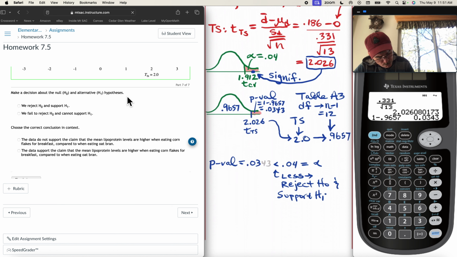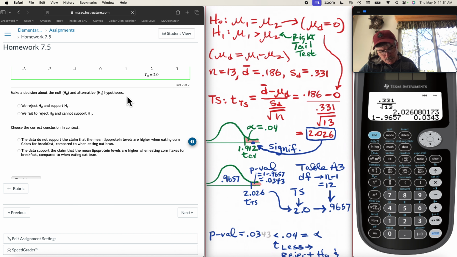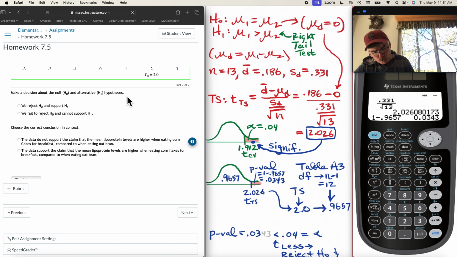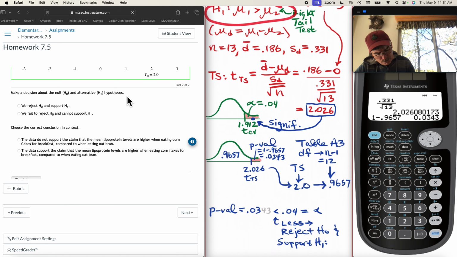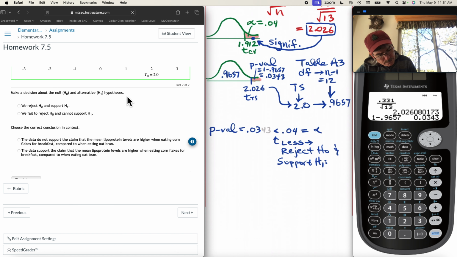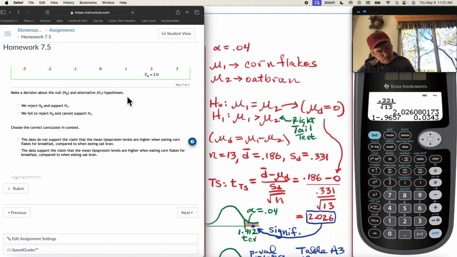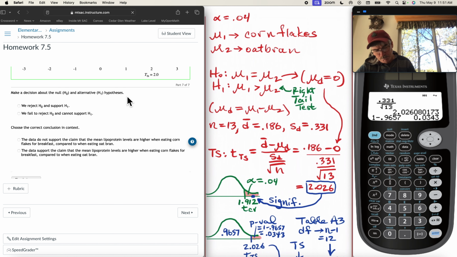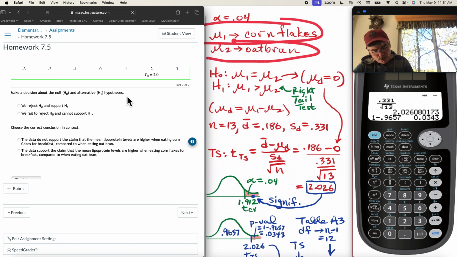And then just to note, H1 said, coming up here, that mu1 is greater than mu2. So that is to say, mu1 greater than mu2. That the mean LDL level for cornflakes is greater than it was for oat bran.